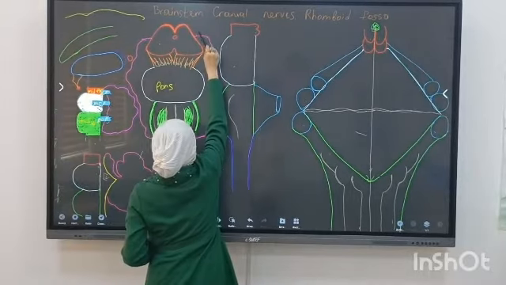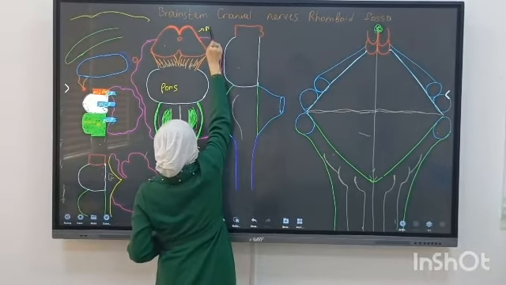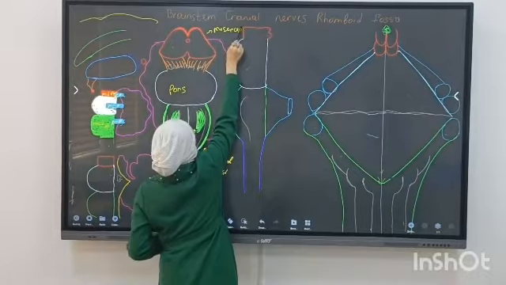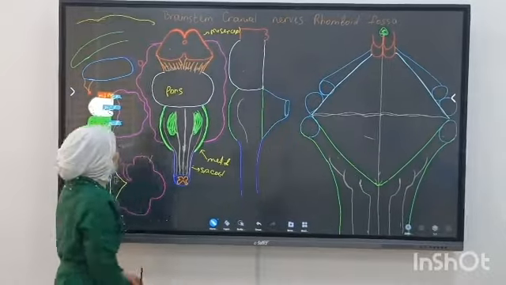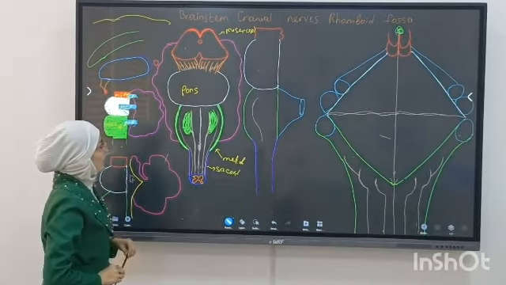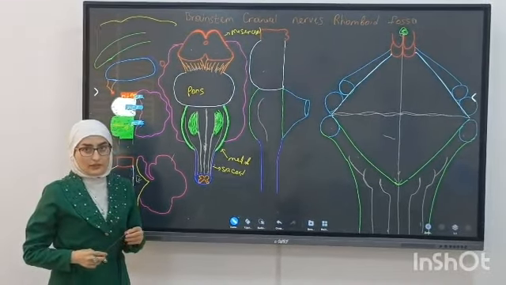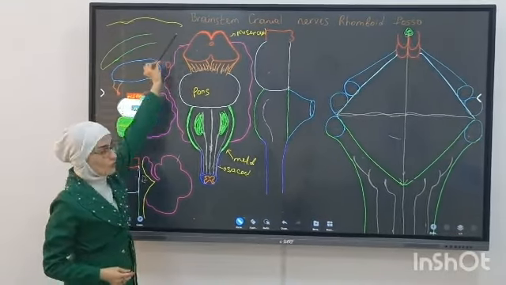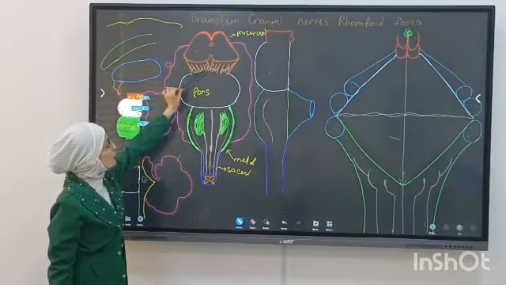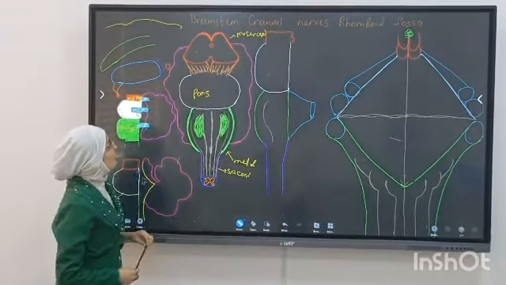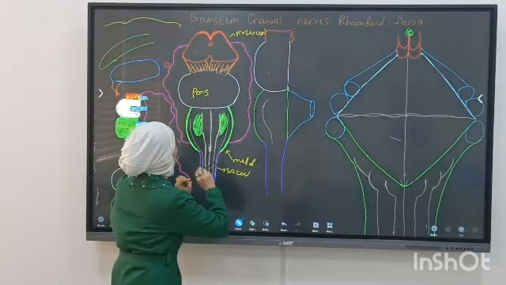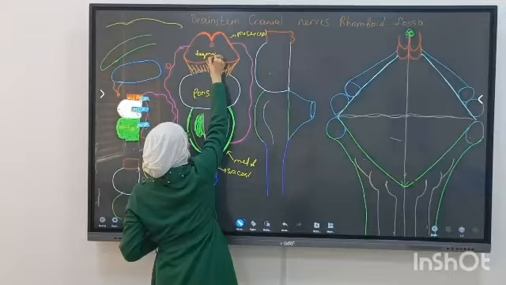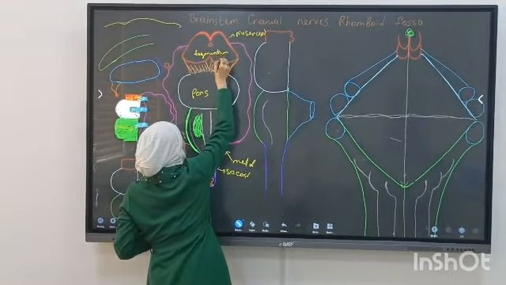This is the midbrain or mesencephalon. The mesencephalon is the area of the brainstem that connects directly with the forebrain through the cerebral peduncle. And this part is named the tegmentum.